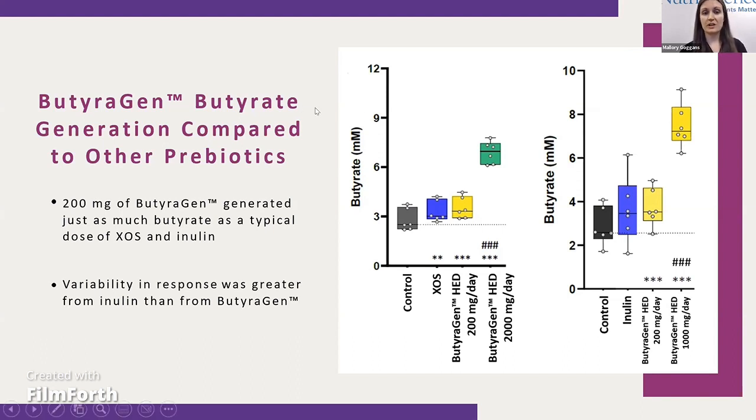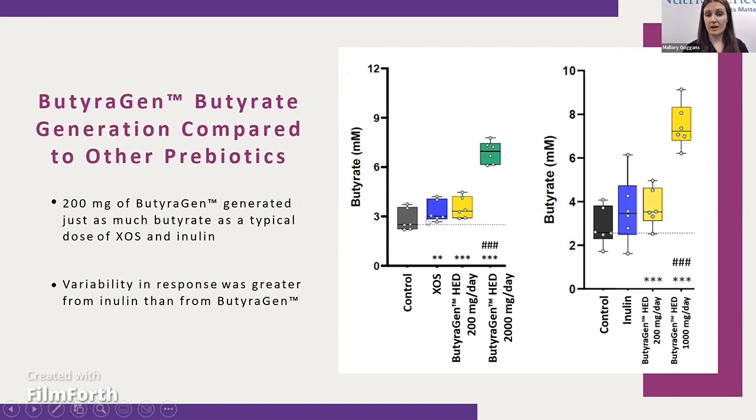In this case, we're looking at the butyrate generation in this system when ButyraGen is added and how that compares to a couple of other prebiotics. Here on the left, we compared to XOS, and on the right, 2 doses compared to inulin. We'll start with XOS. You can see here the 200 milligram dose of ButyraGen, which is our current recommended dose. It produces the same amount of butyrate as a typical dose of XOS.